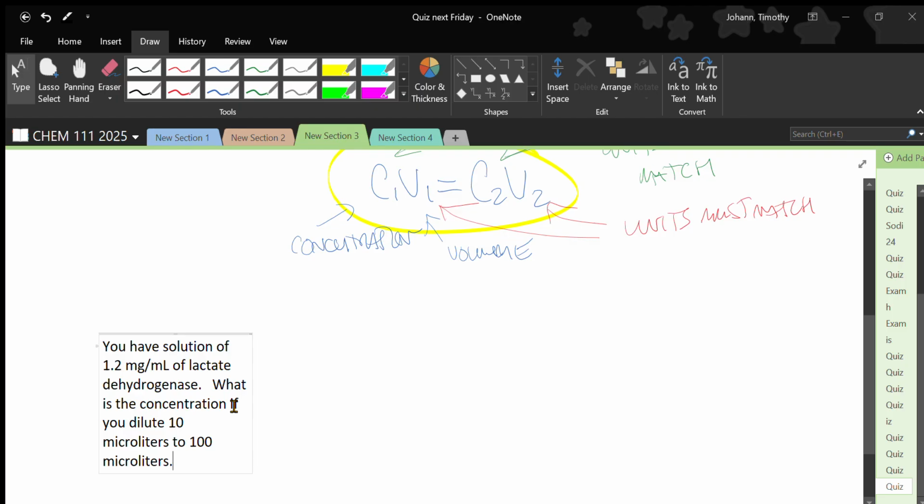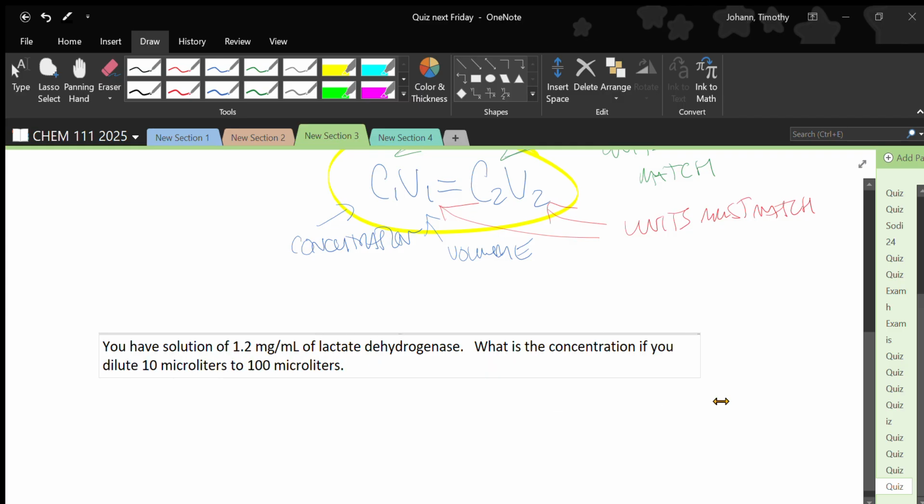Okay, this is exactly what they had to do in lab, but I didn't tell them. They had to figure out what dilution they wanted to make. Okay, more fun experiments when you can actually make your own decisions.